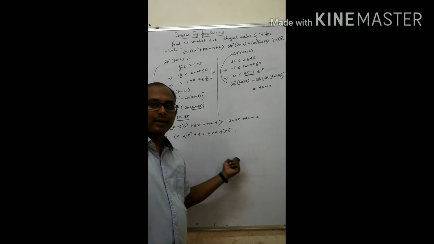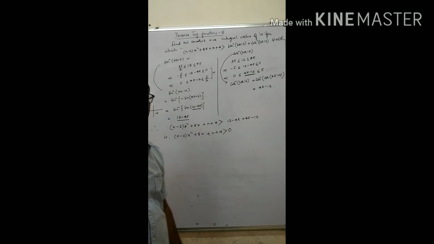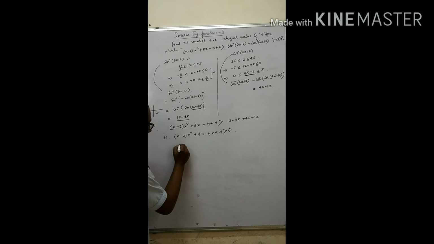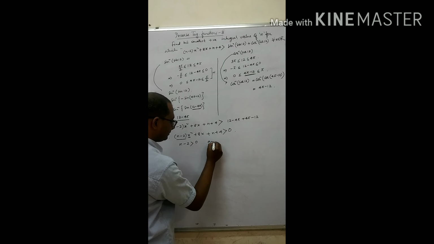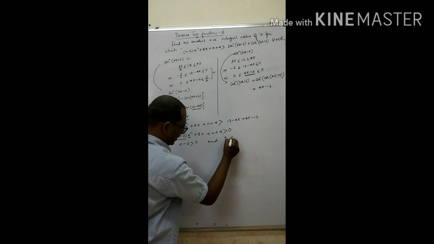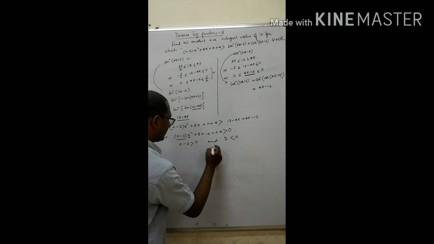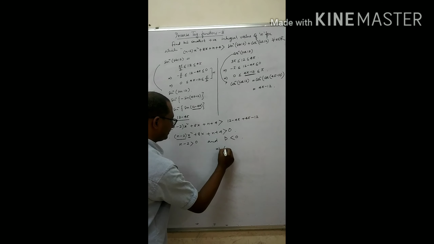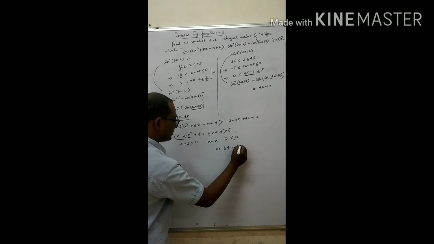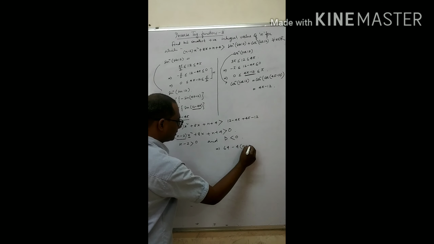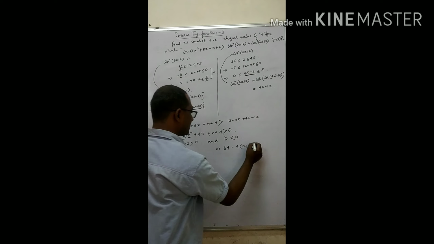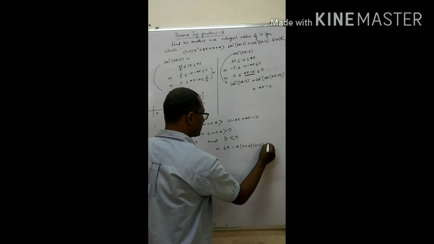Now we know that a quadratic polynomial is greater than 0 only if the coefficient of the highest power is positive and the discriminant D is negative. So the discriminant will be b squared, that is 64, minus 4 into (n plus 4) into (n minus 2), which has to be less than 0.